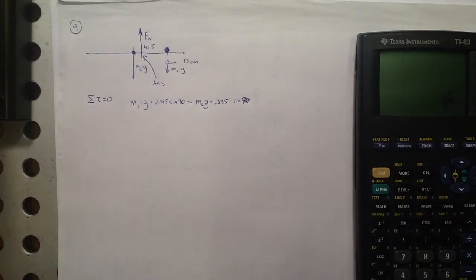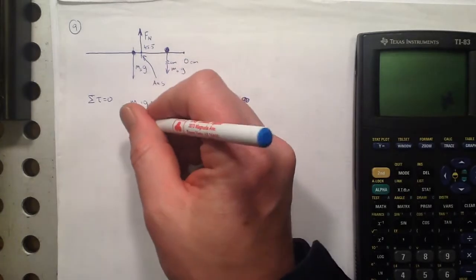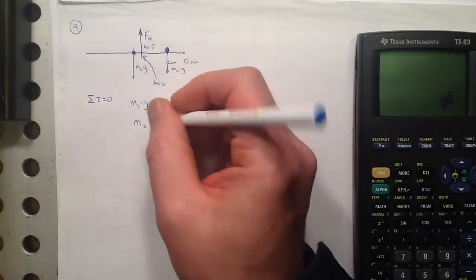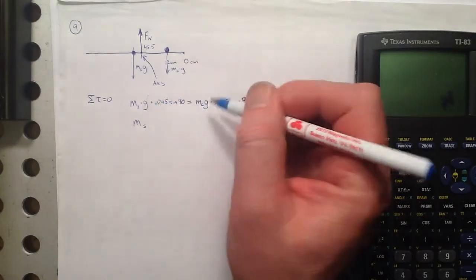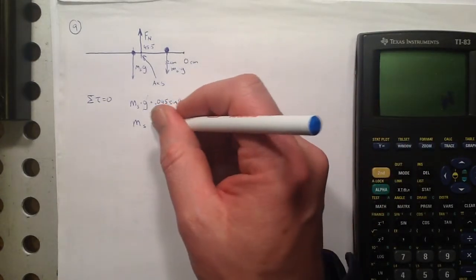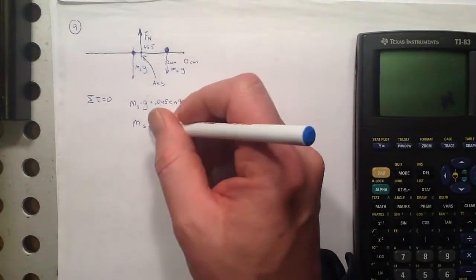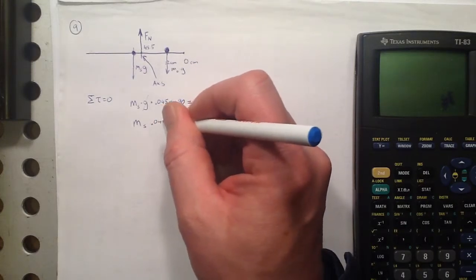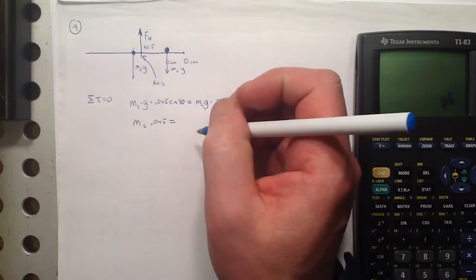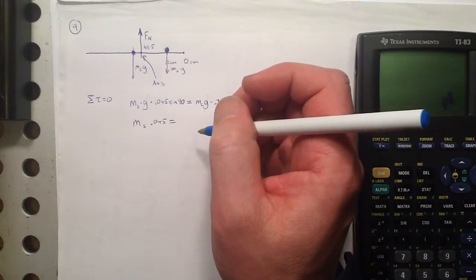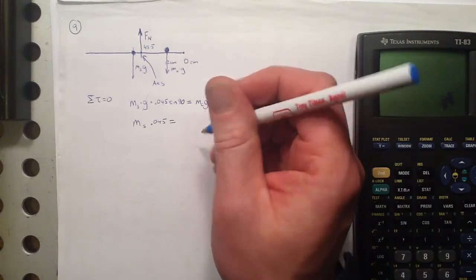So let me rewrite that equation, plugging in what we know. Mass of the stick times g, notice that the g's cancel on both sides, so I'll just get rid of those, times 0.045. That's got to be equal to mass of the coins, 2 5-gram coins.